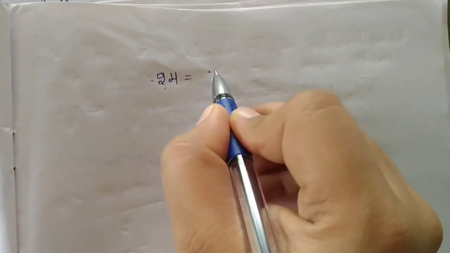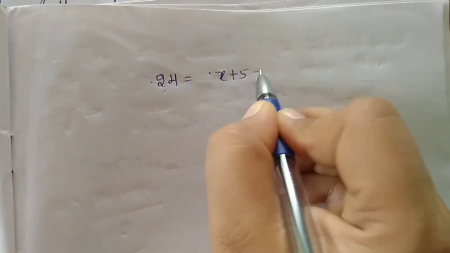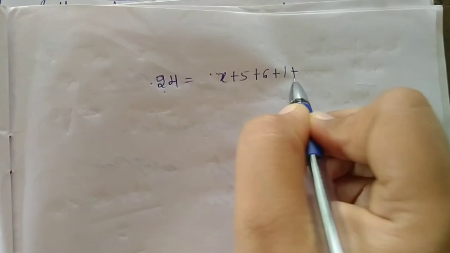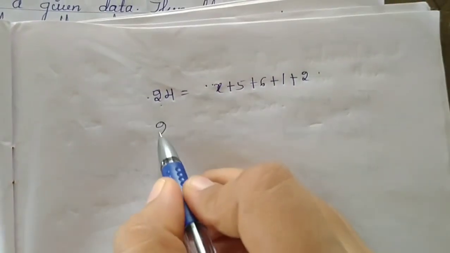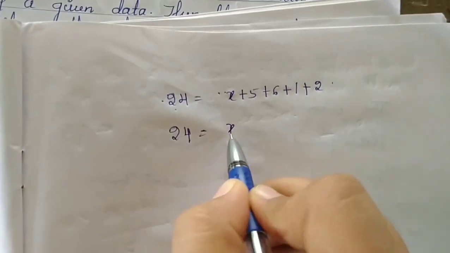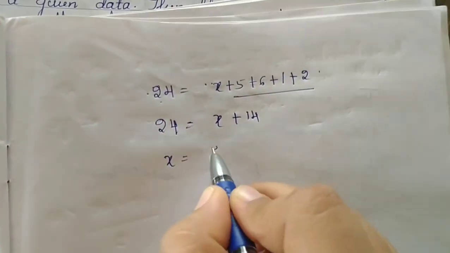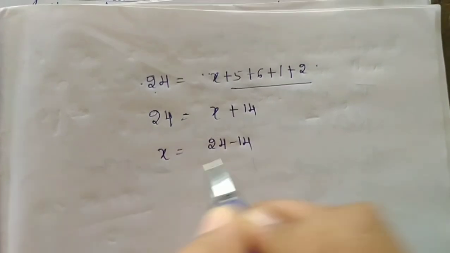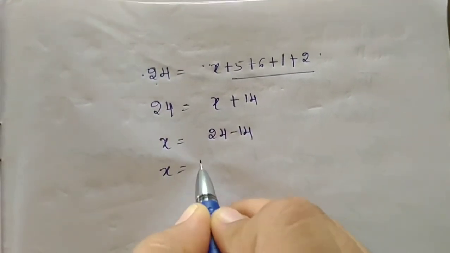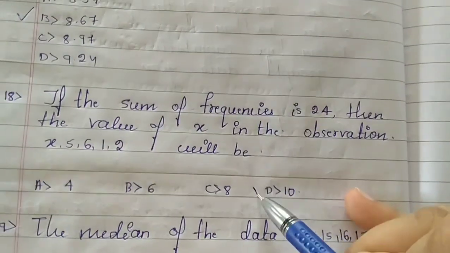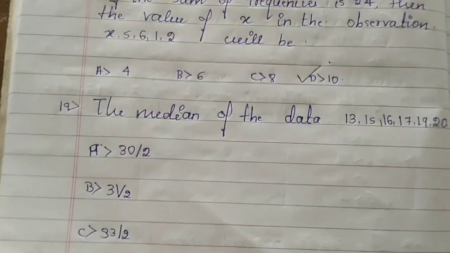So 24 is equal to x plus 5 plus 6 plus 1 plus 2. Now 24 is equal to x plus 14. Just add this up. So x is equal to 24 minus 14. So the value of x is 10. Okay, so the correct answer is option D. Now let us see the next question.